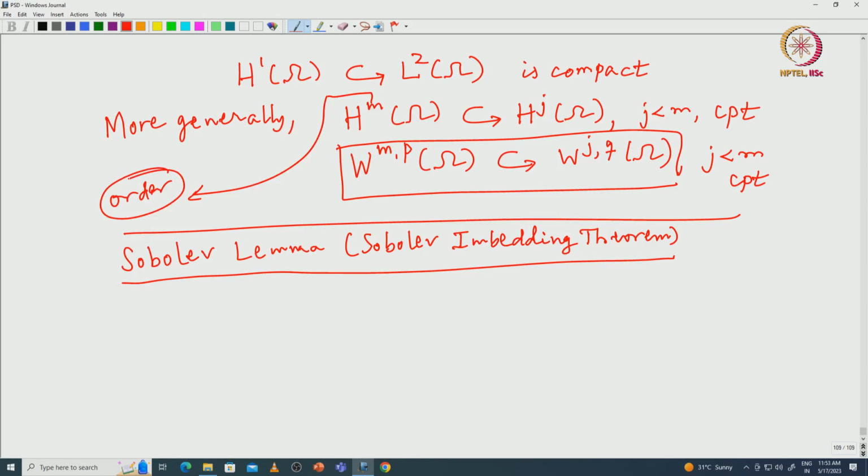Suppose initially we obtain a solution in a certain class, but if there is a chance to increase that, those are called regularity results. So, we obtain the PDE solution in some Sobolev class using the tools of functional analysis, and then next regularity.